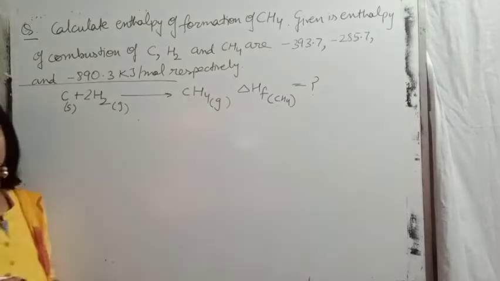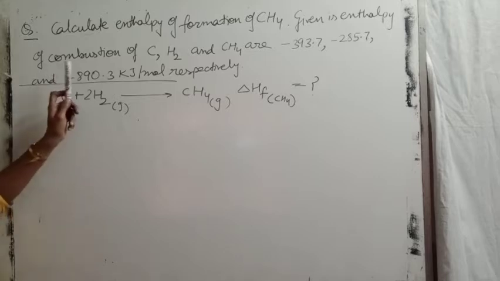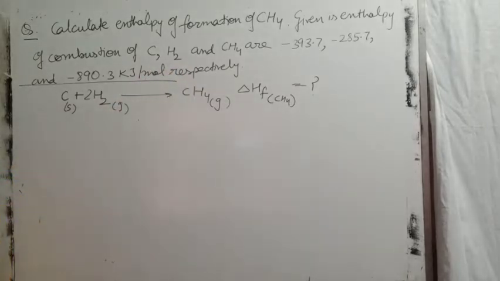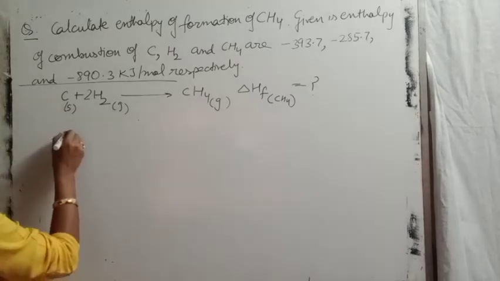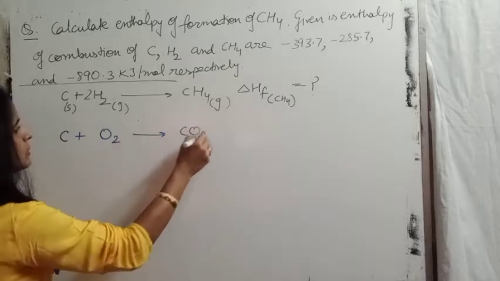For this we are supposed to calculate the enthalpy change. Now write the equations for all given enthalpies. Given is combustion of carbon, hydrogen and methane. It means now we are supposed to write the equation for combustion of all these components. Combustion means reaction with oxygen. So C plus O2 is giving you CO2.